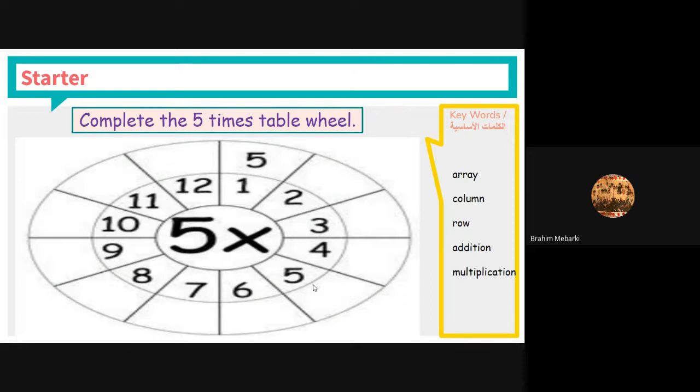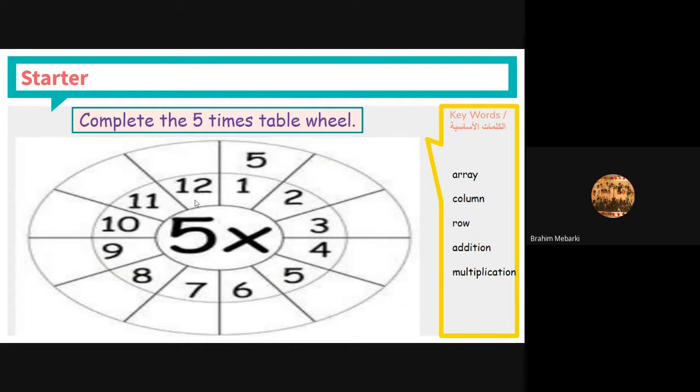Very good job, Fahad. 5 times 7. 35. 5 times 8. 40. 5 times 9. 45. 5 times 10. 50. 5 times 11. 55. Very good. 5 times 12. 60. Very good. Well done, everyone.